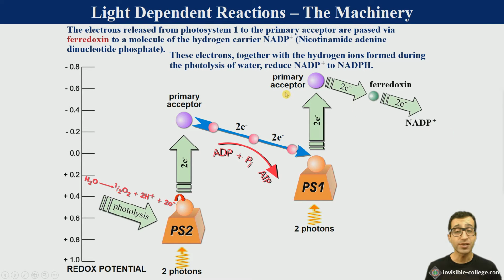So these electrons, together with the hydrogen ions formed during the photolysis of water that we mentioned before, are responsible for reducing NADP to NADPH. Now you have to be very careful with the words oxidation and reduction, because at advanced level, even if you're not studying advanced level chemistry, it's important that you remember that the words oxidation and reduction, both in biochemistry and in just chemistry, can have three different definitions.